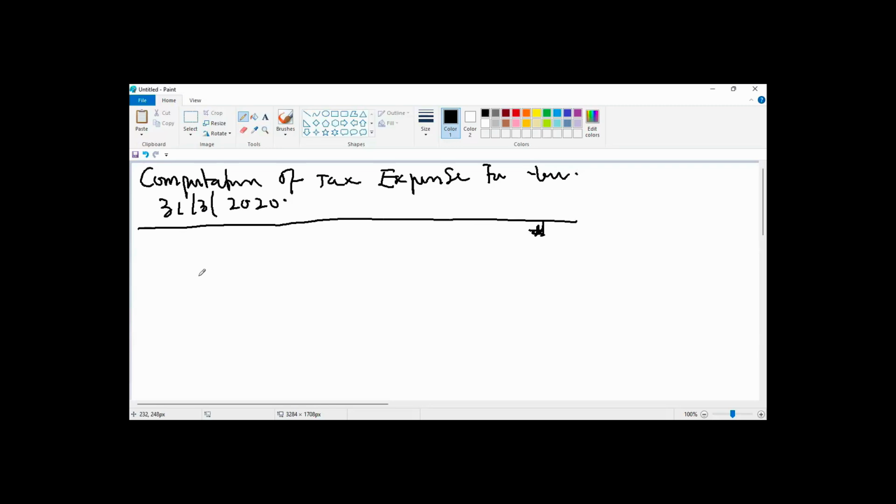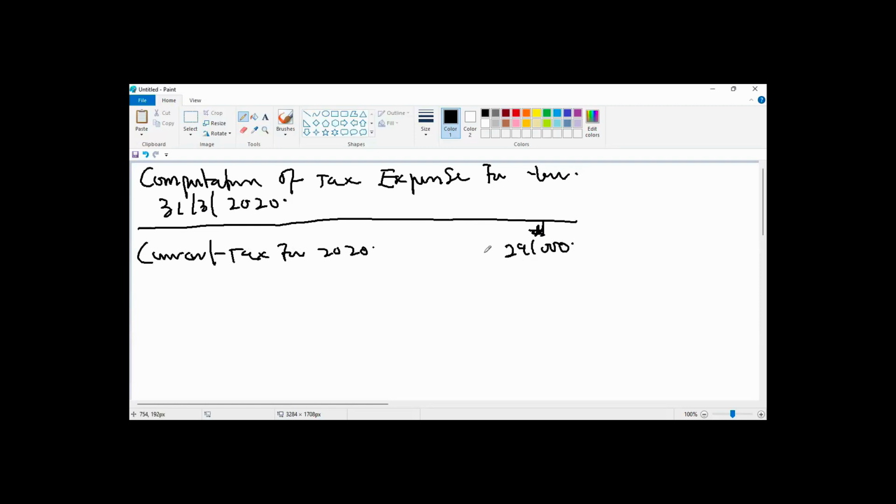Current tax for 2020, which the question has given us, is 291,000.